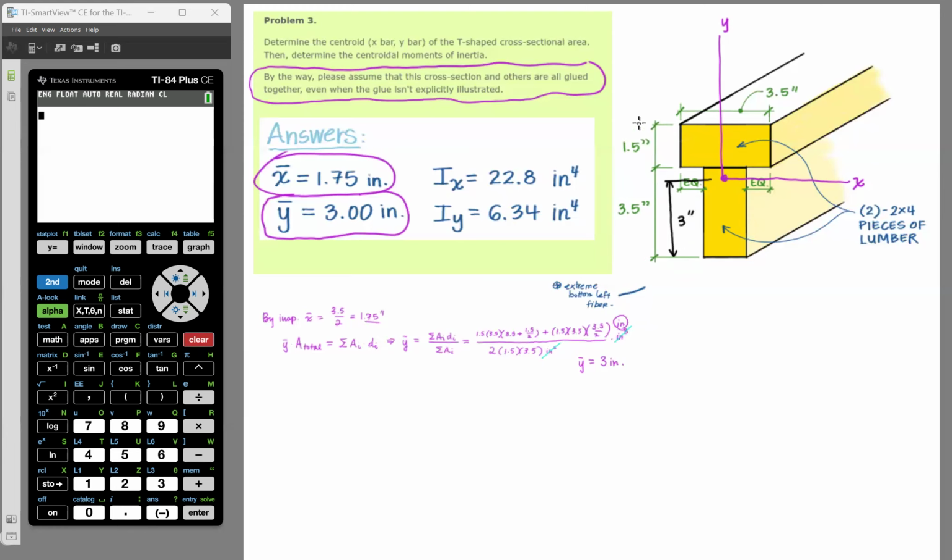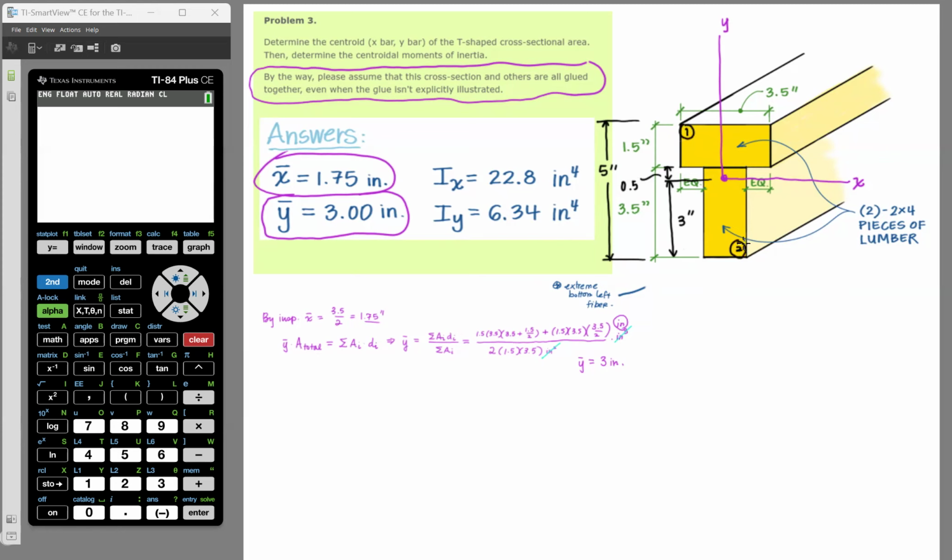And if I take my total height of 5 inches, then from here to here, this little piece here is 5 less 3 less 1.5, and that little piece is 0.5. Okay, renumber the pieces 1 and 2, and I'm ready to do my parallel axis theorem.